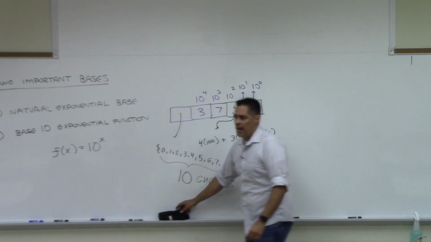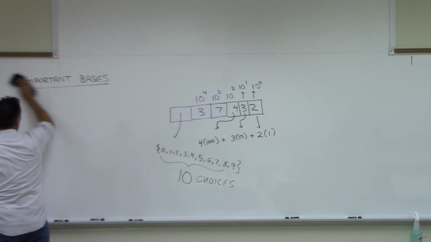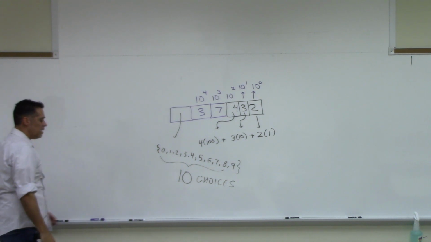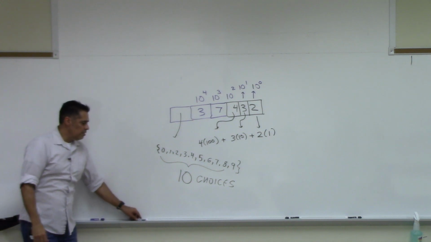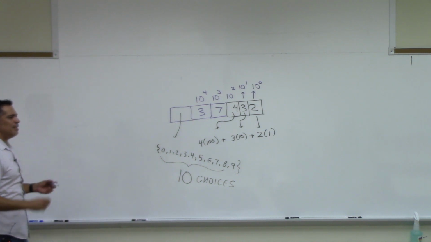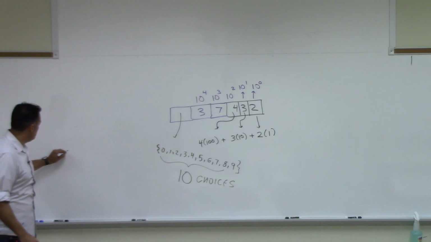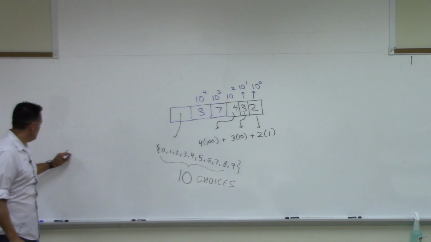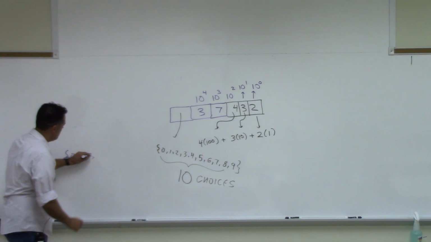I'm going to ask you to imagine a world where there are only 5 options. Can you imagine if we had this? Well, let's go with something else. Let's go with 4 options. What if I told you in this new universe that you live in that you only have these numbers right here?